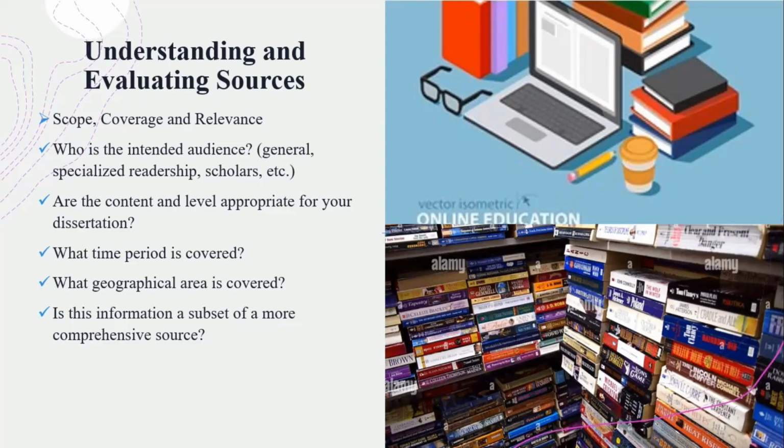So we need to look at the intended audience for that material. If you or your study is included in that intended audience, then it's a good way to go. And then the level: is it appropriate for the dissertation or the thesis that you are writing? That is also another critical issue you need to consider.